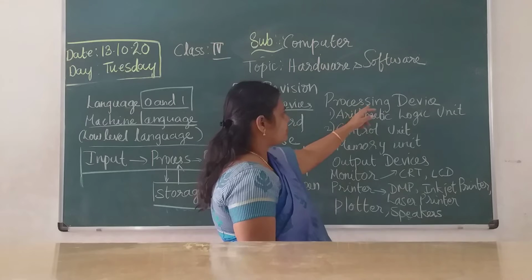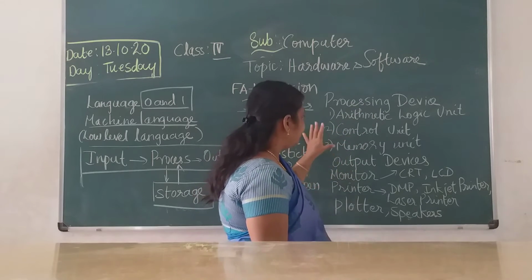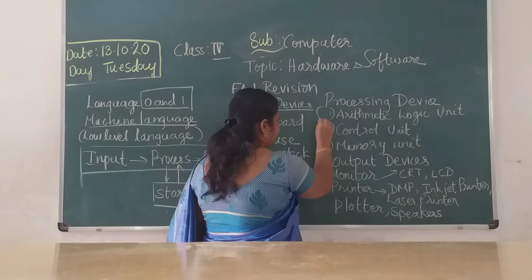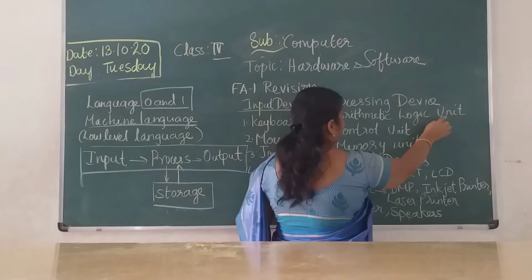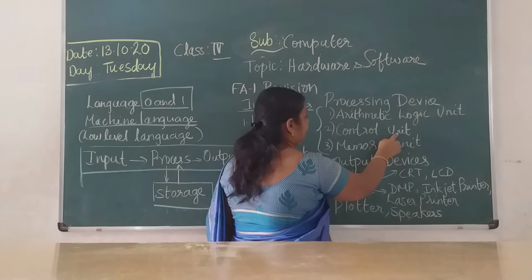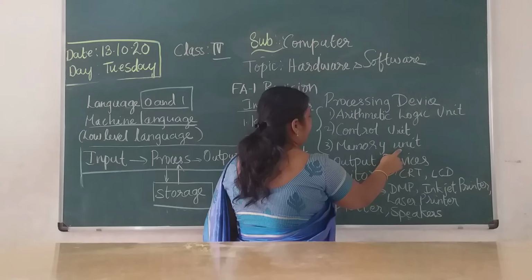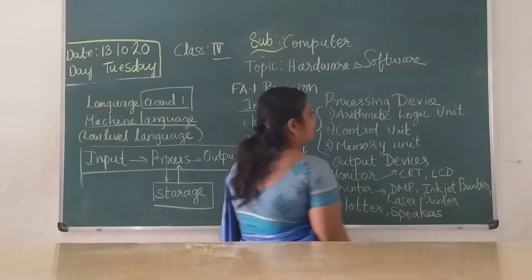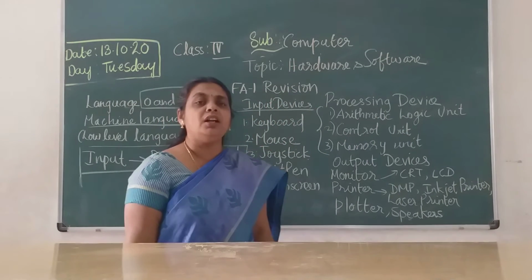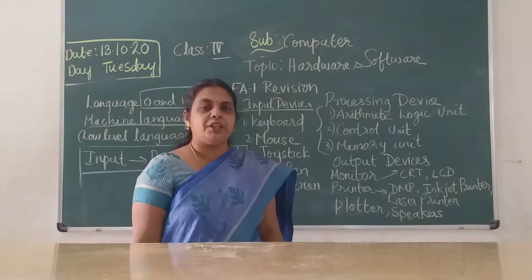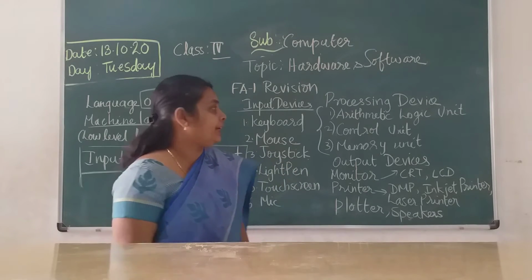Then comes the processing device. The processing device consists of three things, children: the arithmetic logic unit, the control unit, and the memory unit. The arithmetic logic unit performs mathematical calculations and logical operations.